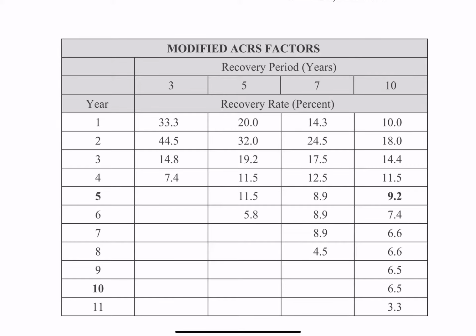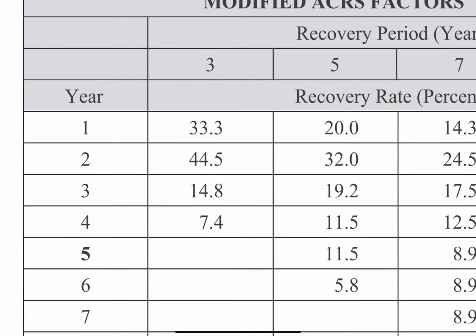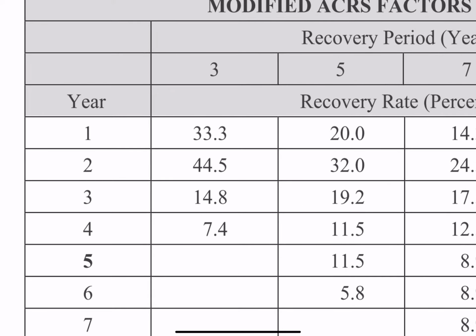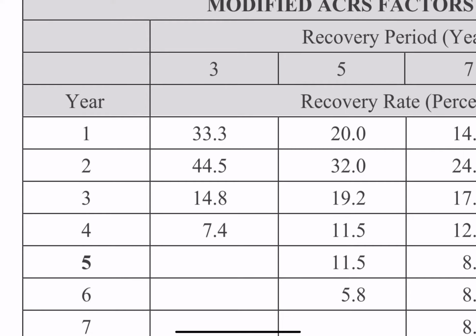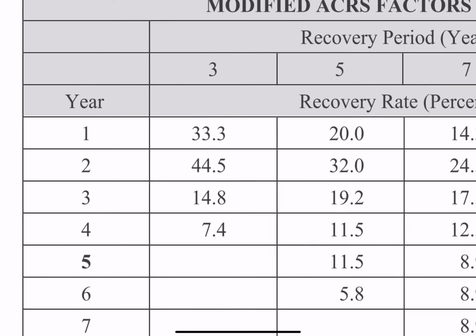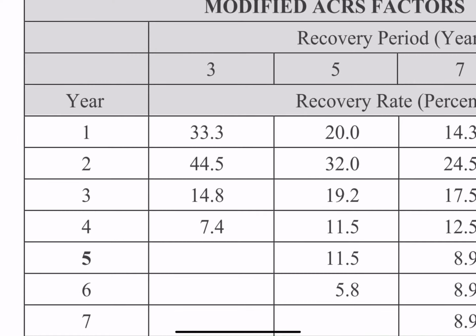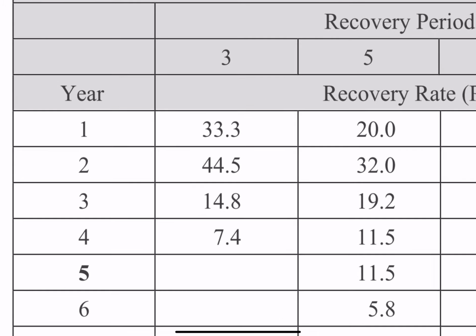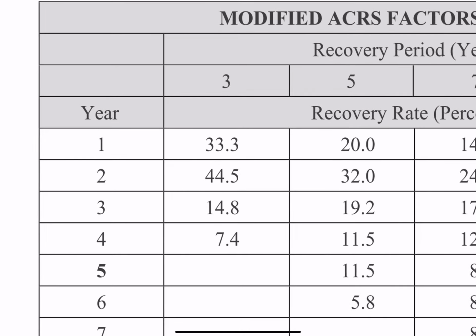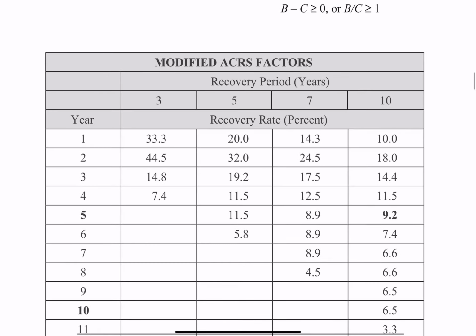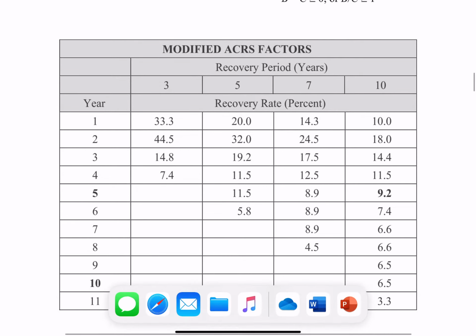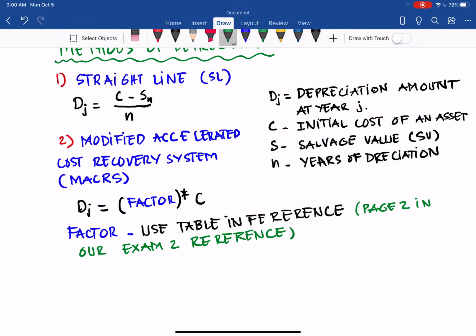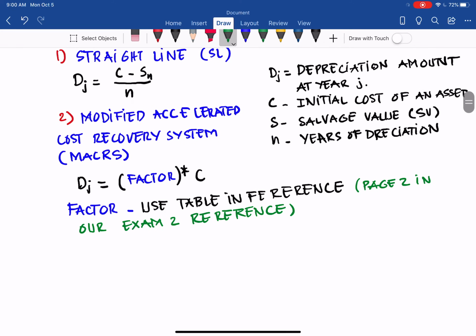So for the first year and the last year, for example if the recovery period is 3 years, then the first year and the last year, which is year 4, only consider half of the year. So when you add them, the first half year, year number 2, year number 3, and year number 4 half year, that becomes 3 years. Similar logic applies to other recovery periods, 5 years, 10 years, or 7 years. So go back to here, that's what you have for the factor in that equation.